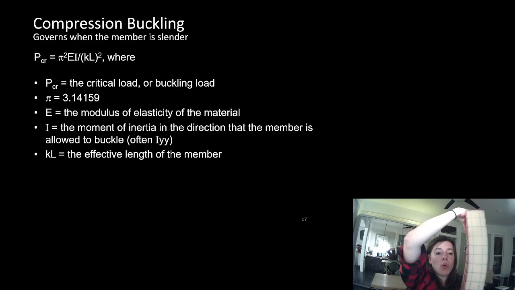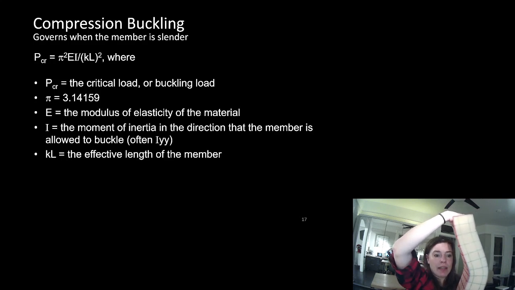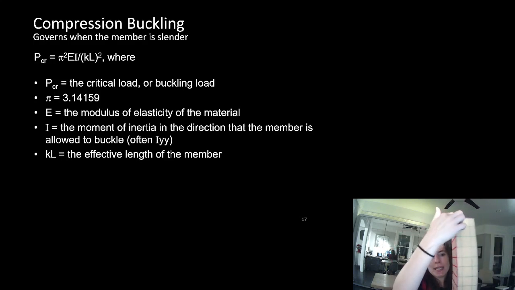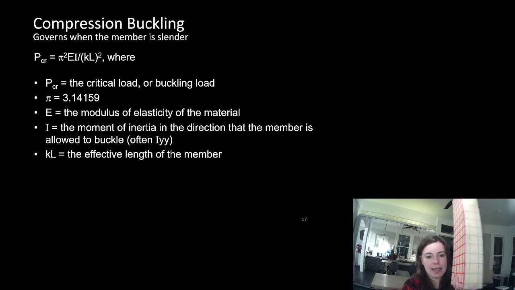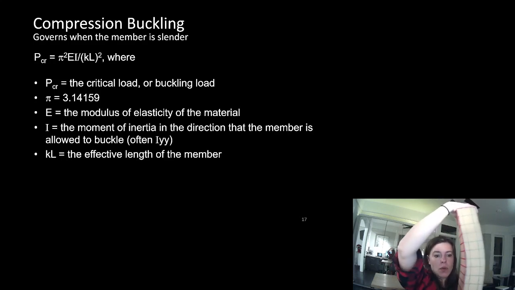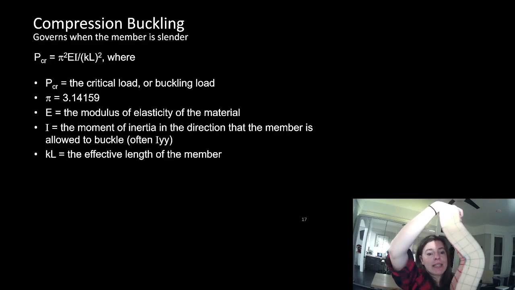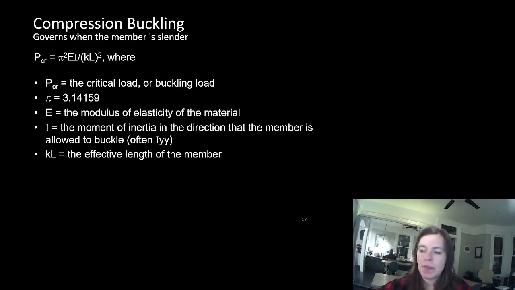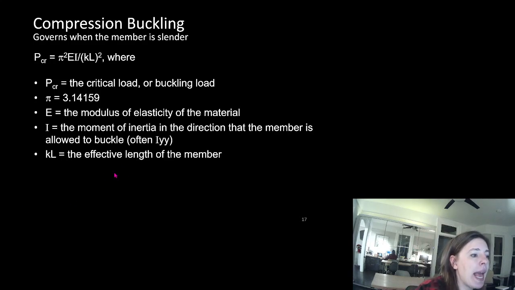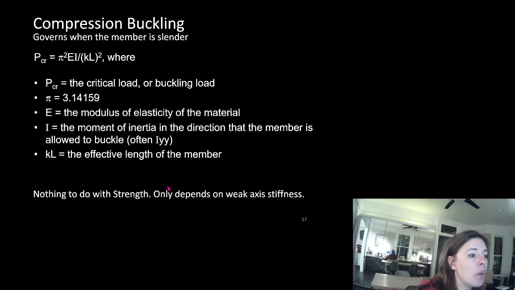If this was moment connected and I tried to buckle it, a moment connection means this stays at 90 degrees and this stays at 90 degrees. When I try to buckle it, look at that. It has a different shape, and I can tell you I'm pushing a lot harder here. So K is all about how we would treat the shape of it.